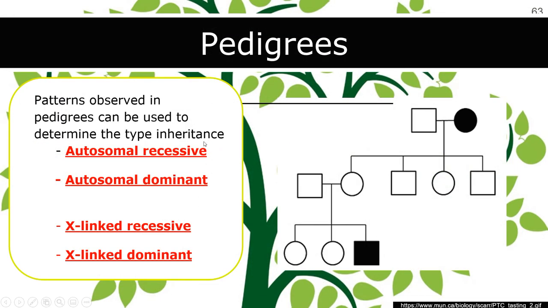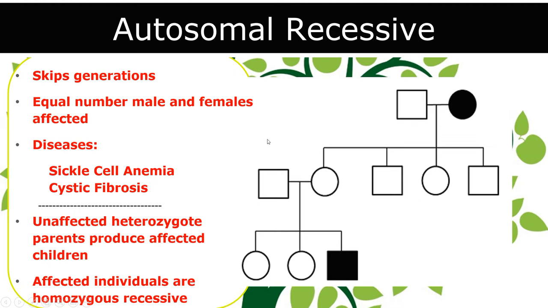We're going to be looking at how you distinguish between 4 different kinds of inheritance patterns in a pedigree. We'll look at autosomal recessive, autosomal dominant, X-linked recessive, and X-linked dominant, because it is possible to figure out what sort of inheritance you're looking at just by looking at the pictures.